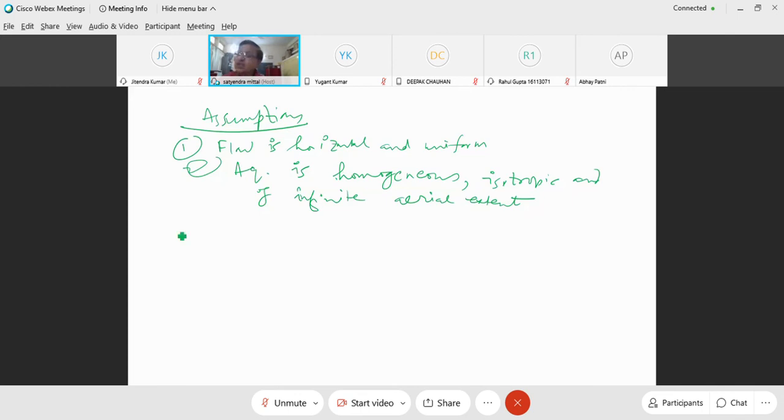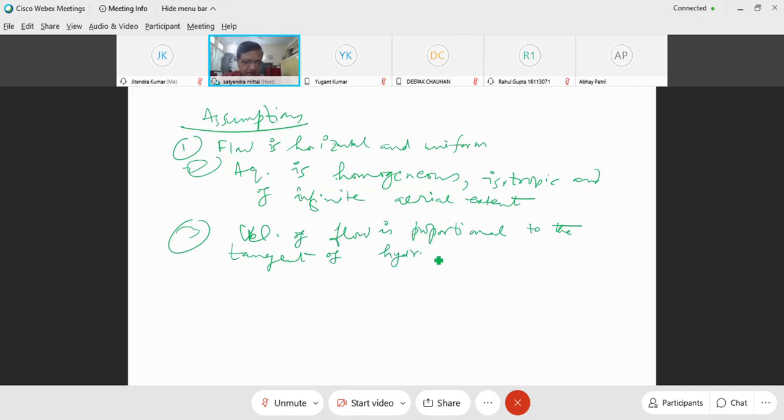Then there is one more assumption, that velocity of flow is proportional to the tangent of the hydraulic gradient.